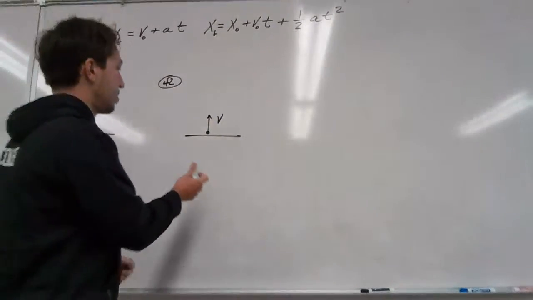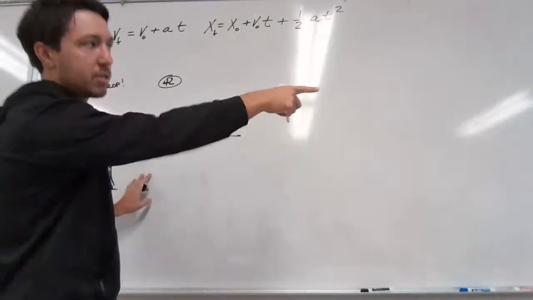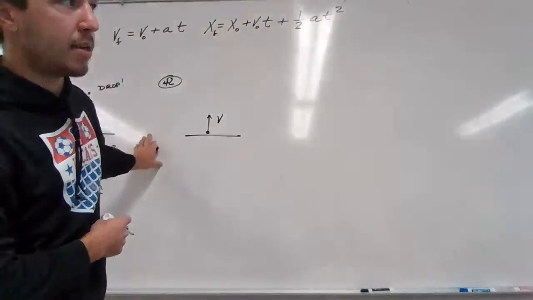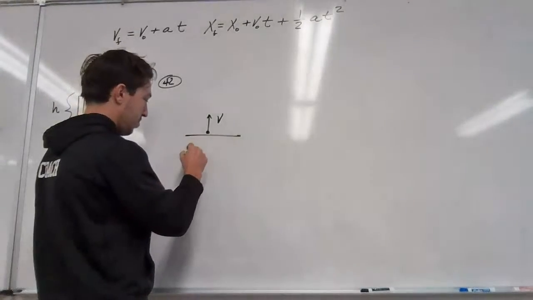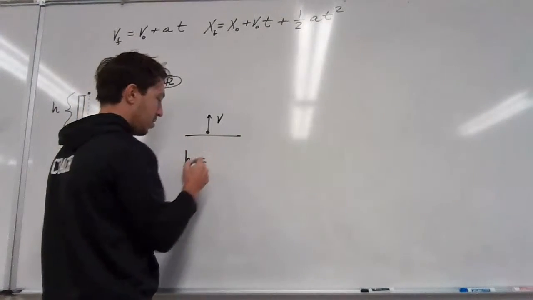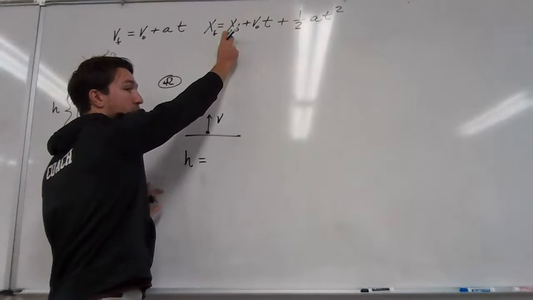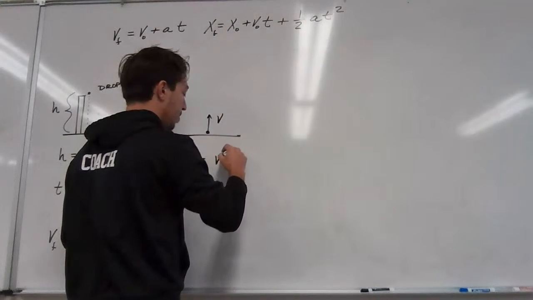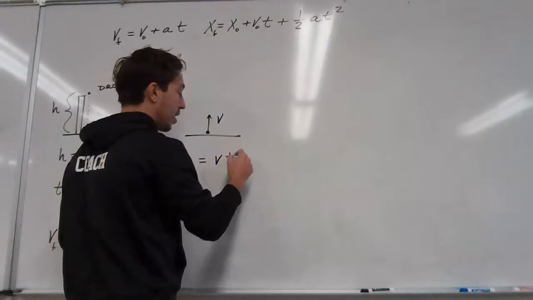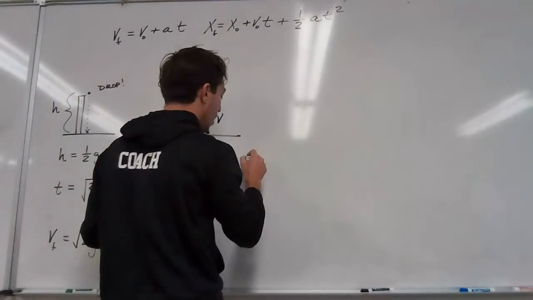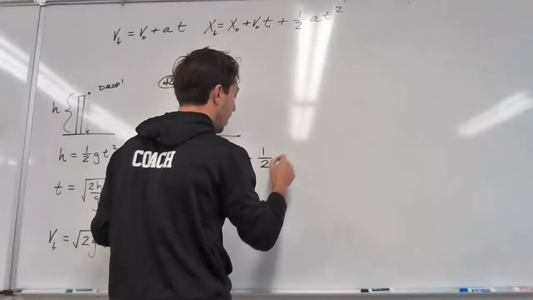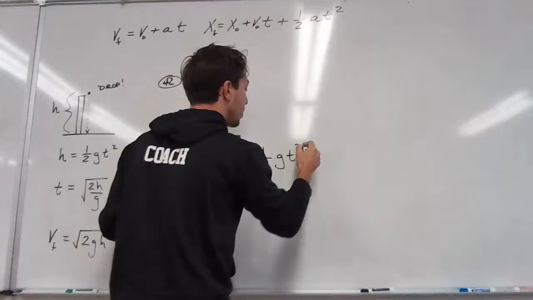Okay, so the first question is, what's the cannonball's height as a function of time? Initial height is 0, so it'd be initial velocity times time minus 1/2 gt squared. That's all there is to it.